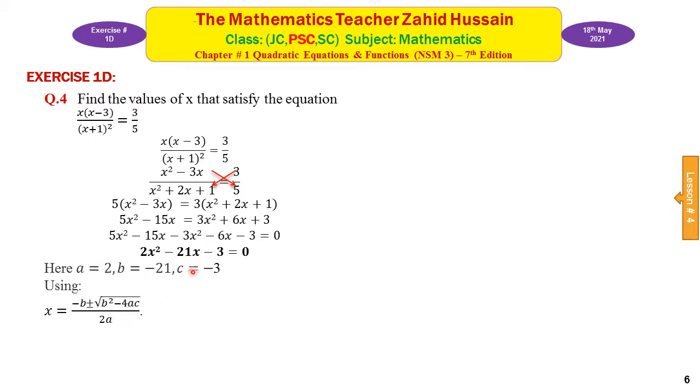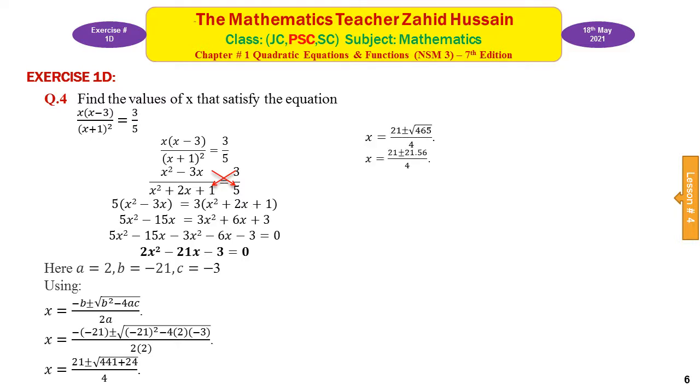Put these values of a, b, c in this formula. Simplify. We will get two values of x, which are 10.6 and minus 0.141. So these types of questions are very simple. If you know the quadratic formula and the use of the quadratic formula, you can solve.